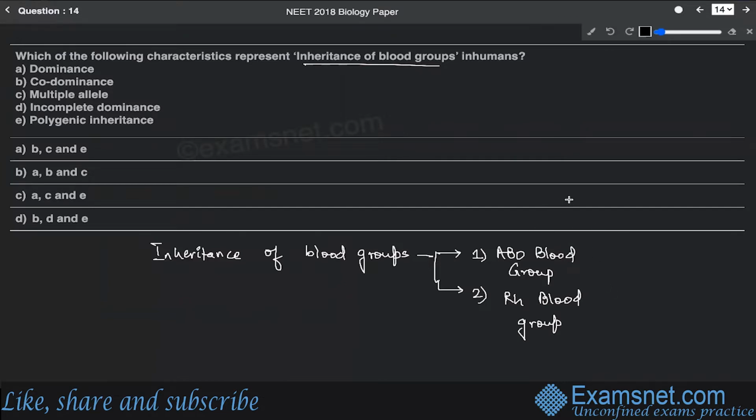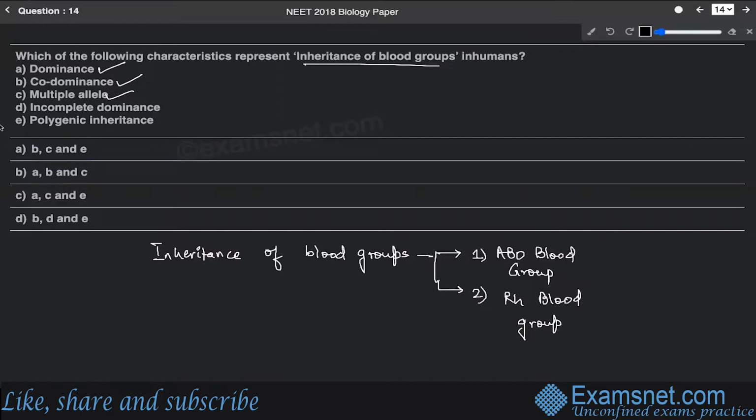Now, for the inheritance of blood grouping, whether ABO or Rh, the options given are dominance, codominance, multiple alleles, incomplete dominance, and polygenic inheritance. Blood grouping is primarily dependent upon dominance, codominance, and multiple alleles.